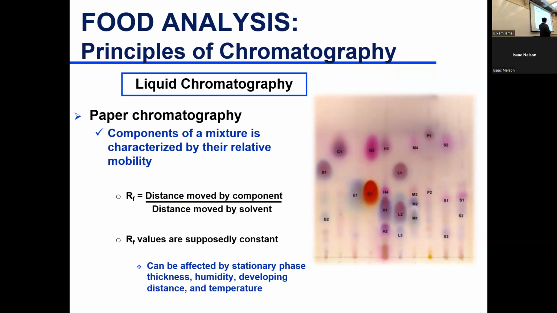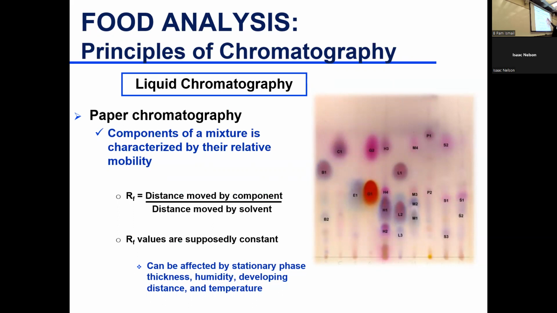and how components separate. The way to have a quantitative measure is to determine the relative mobility factor, which is basically the distance that a component has traveled. You look at a spot and measure the distance from where you spotted your sample to the center of the physical spot.